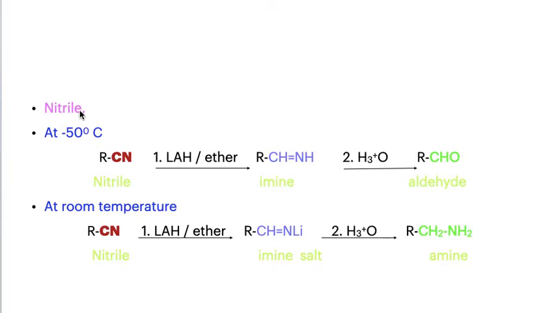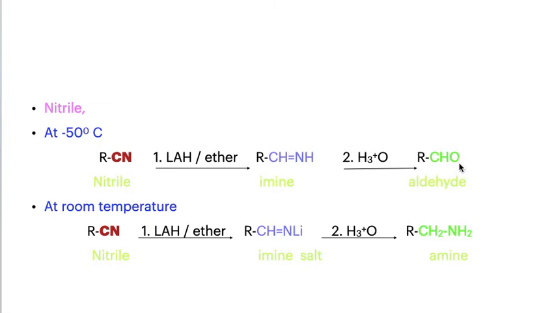Nitrile, depending on the reaction conditions, forms different products. At minus 50 degrees centigrade, nitrile RCN on reduction forms the imine, that is RCH=NH, which on hydrolysis forms the aldehyde RCHO.